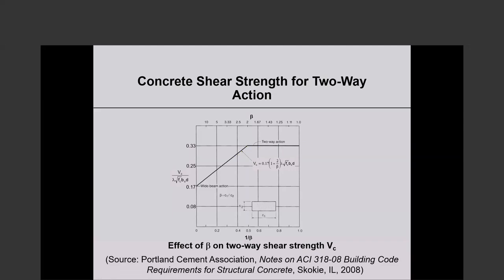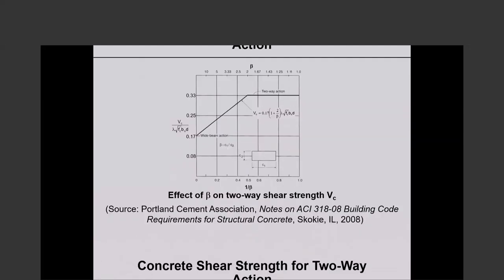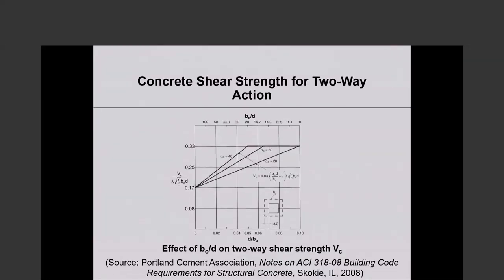Anyway, this is the influence of beta on B sub C, and in the second expression, we have alpha sub S and B sub 0 over D. B sub 0, the perimeter of the critical section, divided by the effective depth. Again, we have taken the reciprocal of that. Instead of B sub 0 over D, we have taken D over B sub 0.